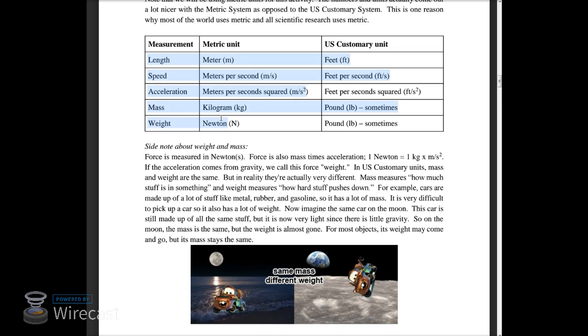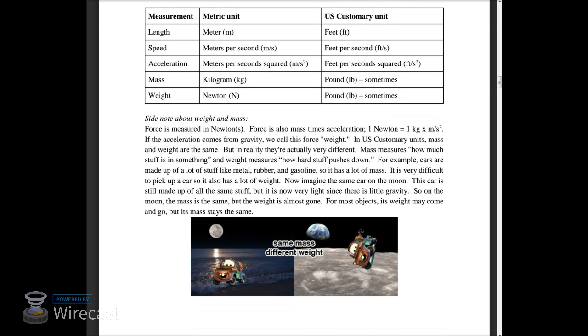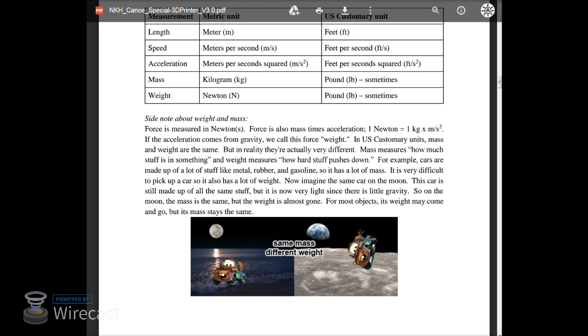But in metric, the units come out pretty nice. So even though most students are not familiar with the Newton, we figure it's a really good time to bring it up, because it actually works really nicely with the science. Also, the numbers come out nicer when you're using metric. So over here is the difference between mass and weight.